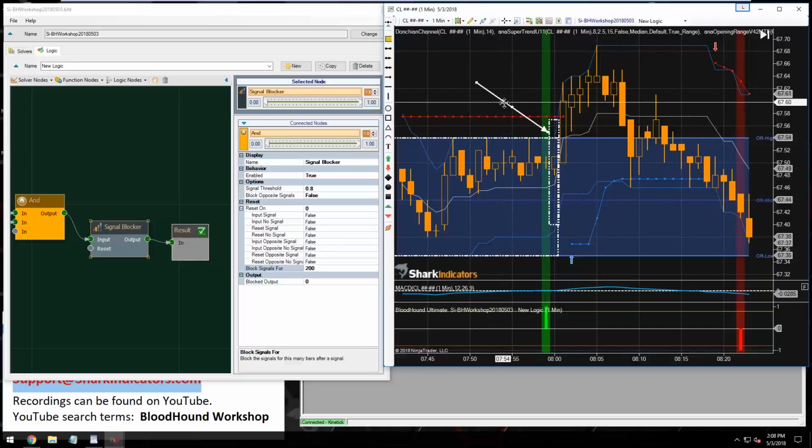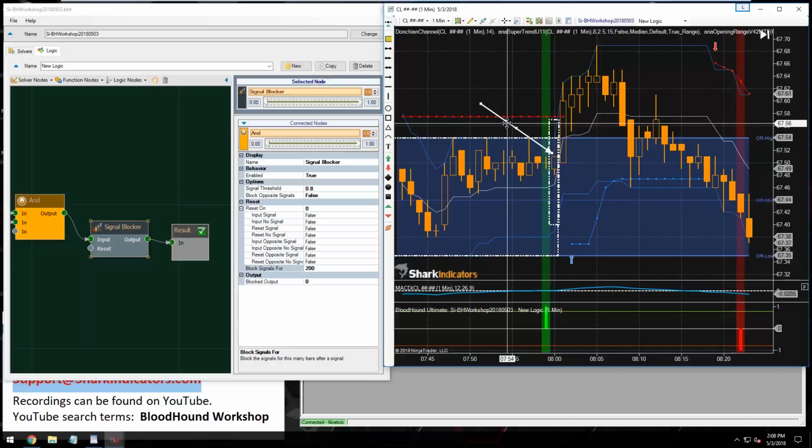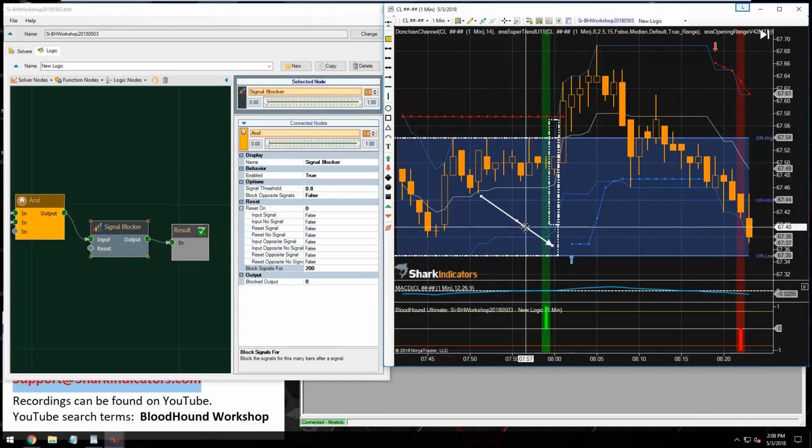But I don't want to block this second bar here. This second bar is still during the breakout period. So I don't want to block that signal, because what if price goes up here and then at the last minute price reverses and goes down, for a possible short breakout?